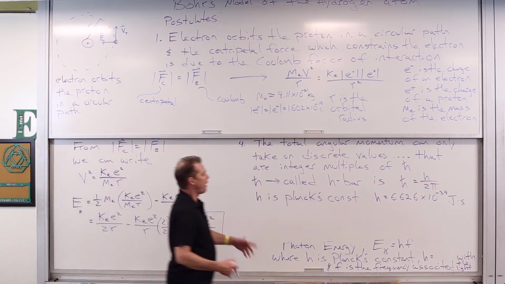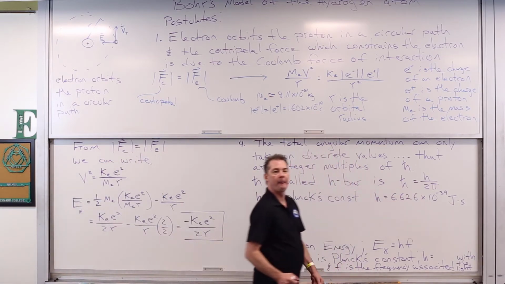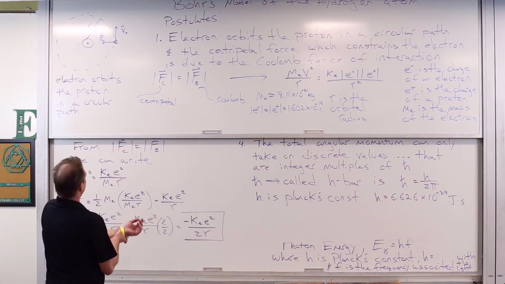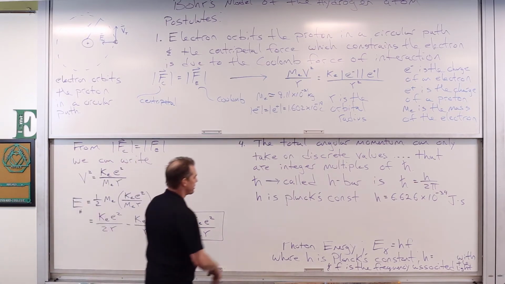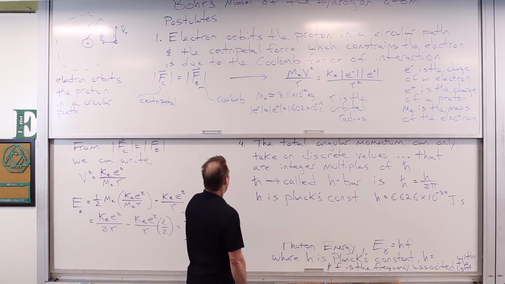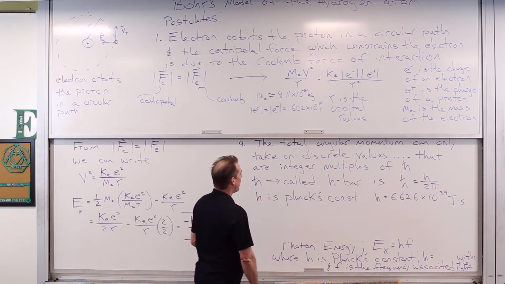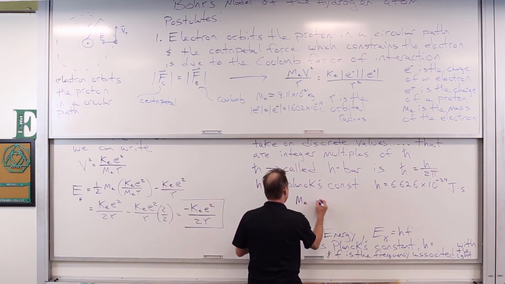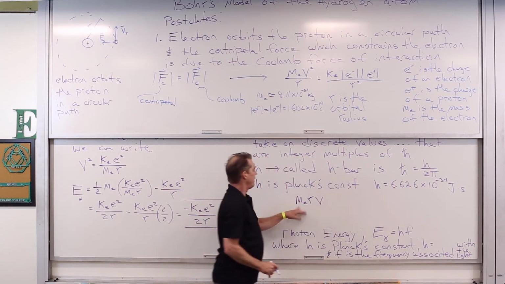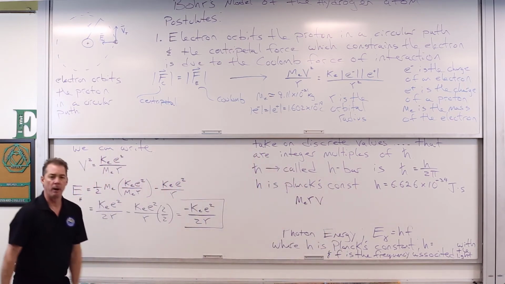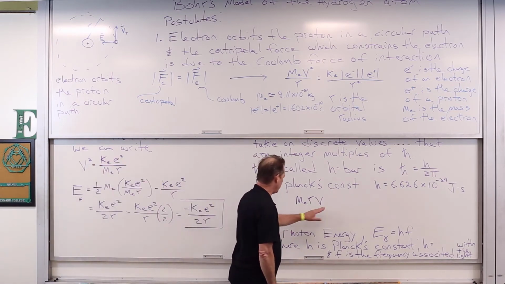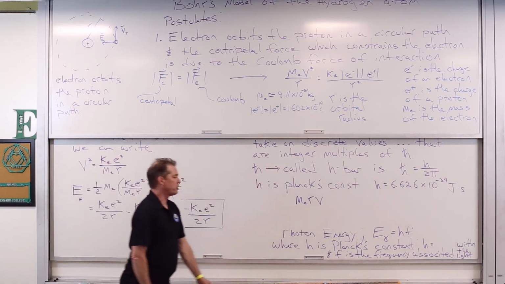All right, so H bar is just this divided by 2 pi. And again, that comes from Planck and Einstein looking at light and such things. Anyways, what do we have then? Well, this is saying that m sub e times r times v, there's the orbital angular momentum of the electron, or really of the system here. The mass of the electron multiplied by its speed, multiplied by its orbital radius.